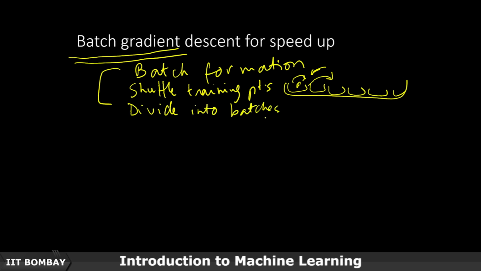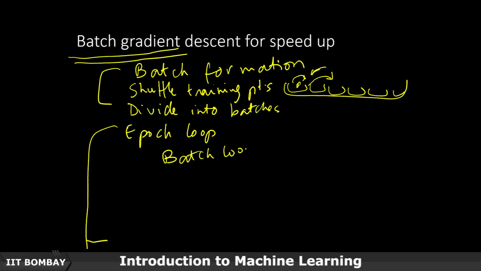Then we have an outer loop, and that outer loop is the epoch loop. One epoch is when you have gone through all the batches, and inside that you have a batch loop, when you are going through all the batches.